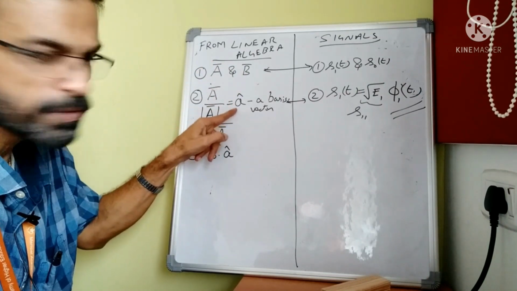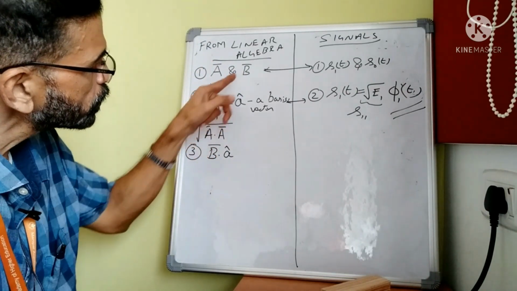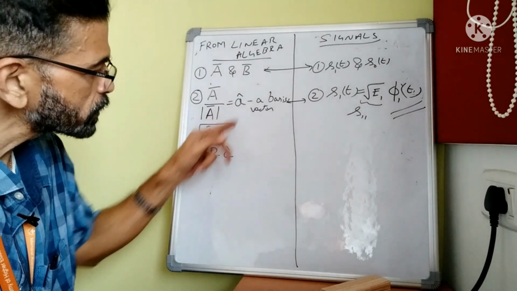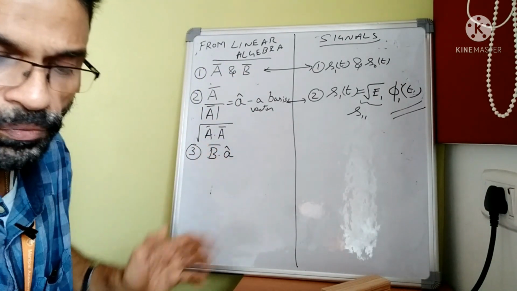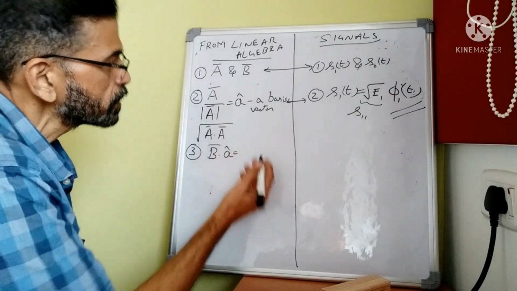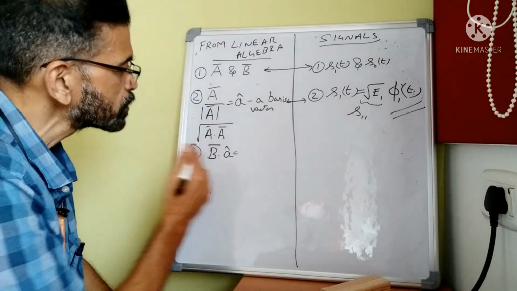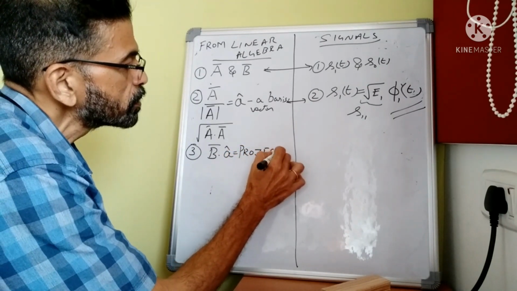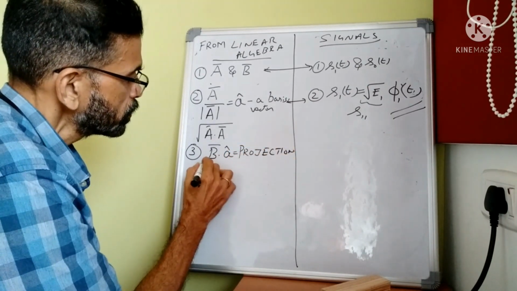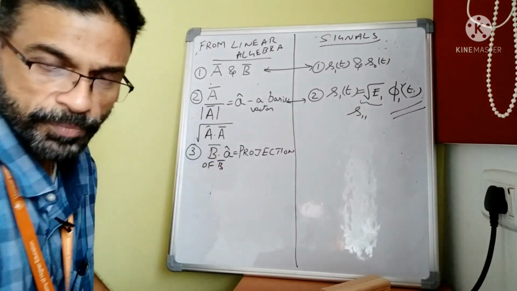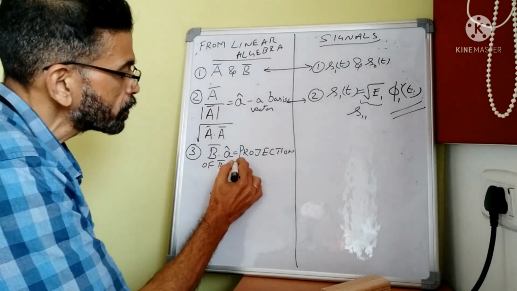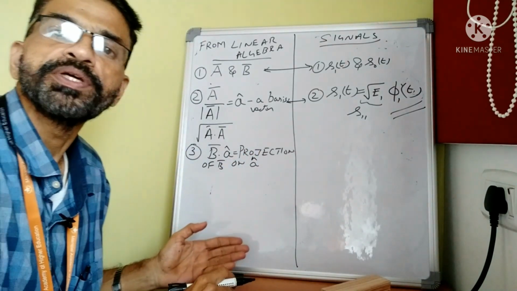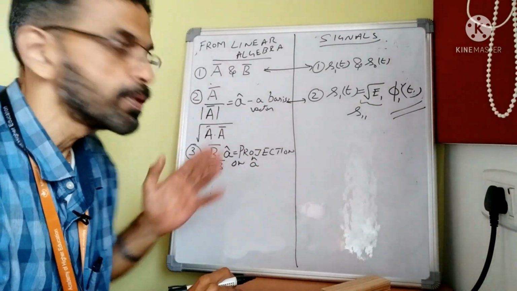We obtained a unit vector here, and we now dot the vector B, the second vector that we have, with the unit vector which we obtained here. And from elementary vector algebra, you know that what you get will be the projection of B on A cap.